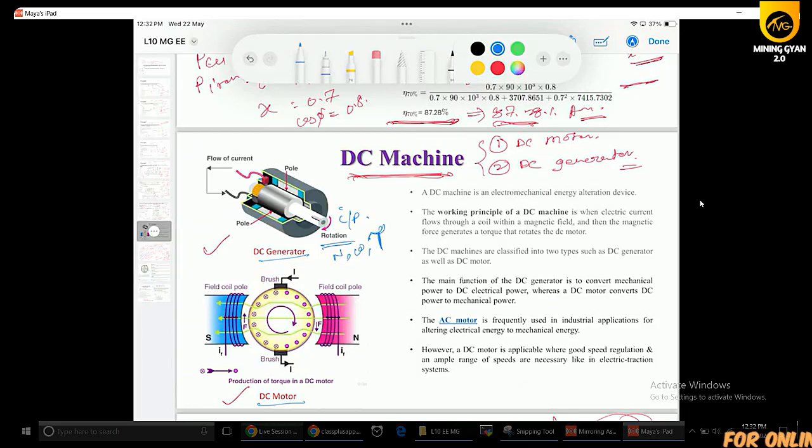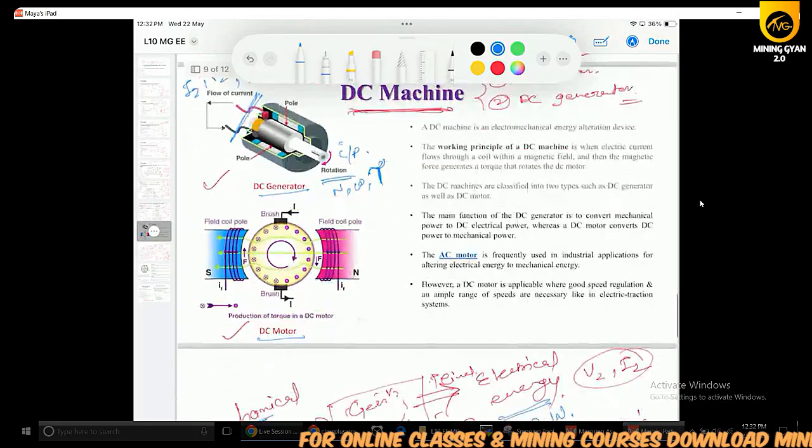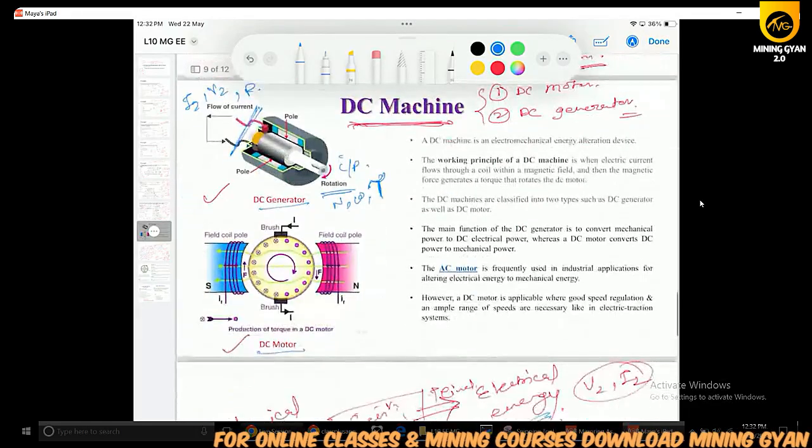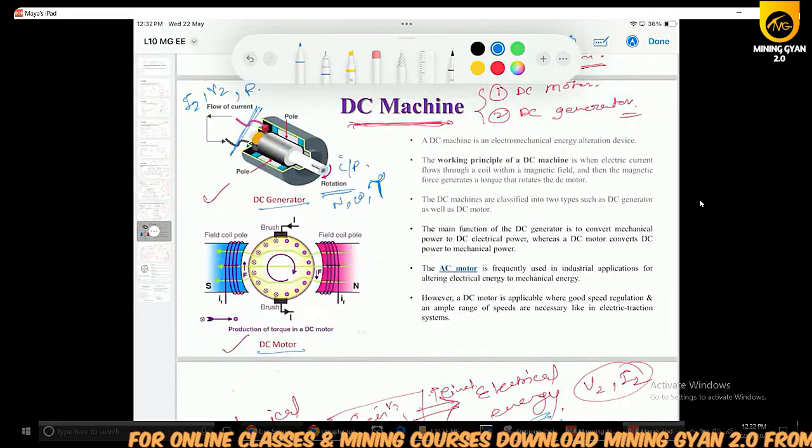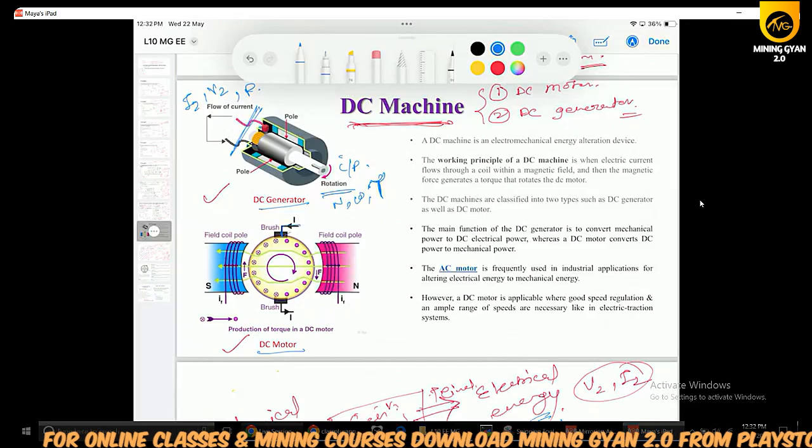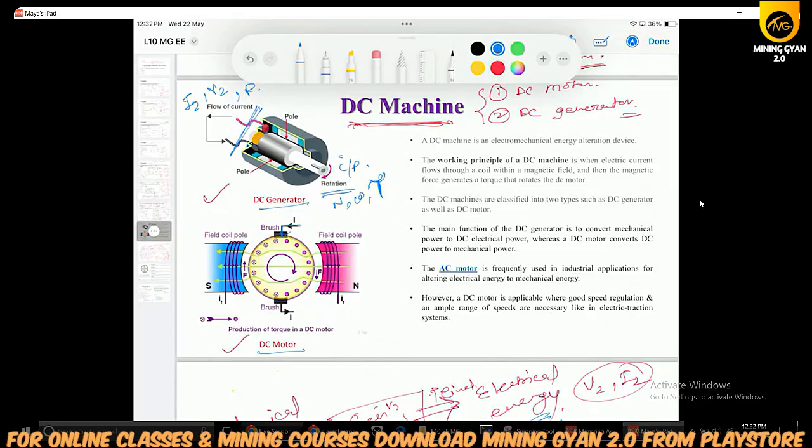At the output side, you will get the flow of current I, or the induced voltage or power at the load side. But in case of a motor, we have to supply the electrical energy at its input side, such that you will get torque or speed at its output.